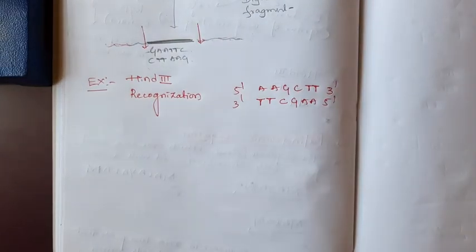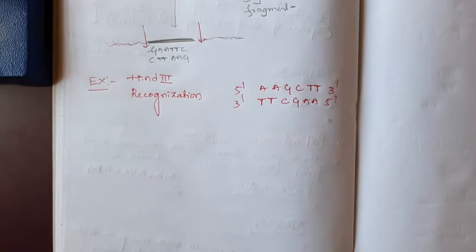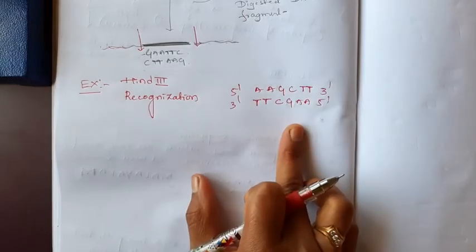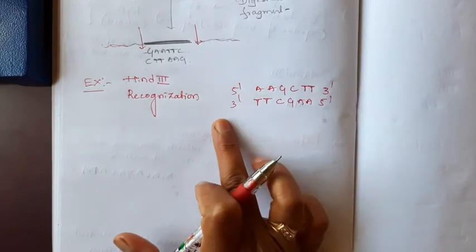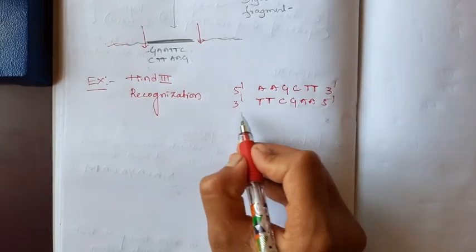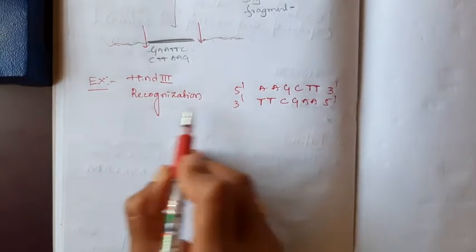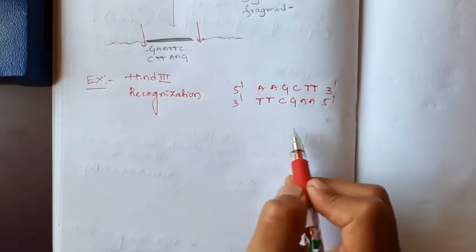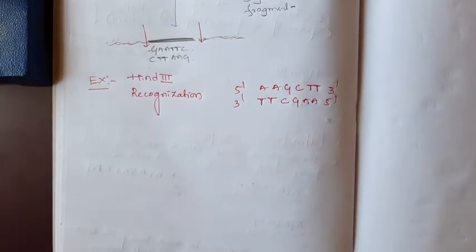The Hind3 restriction enzyme will cut the Hind3 recognition site, this one. Okay, it will cut the palindromic sequences.